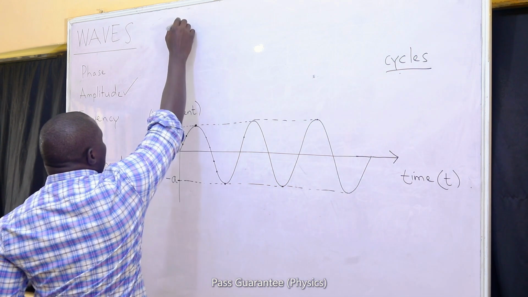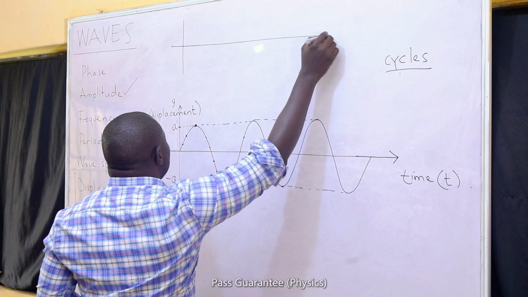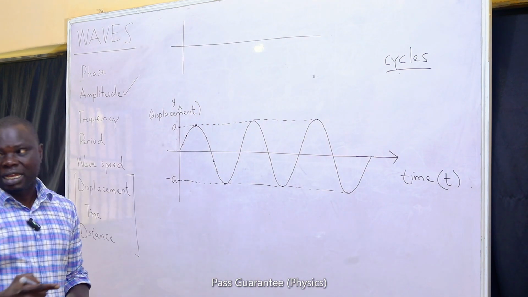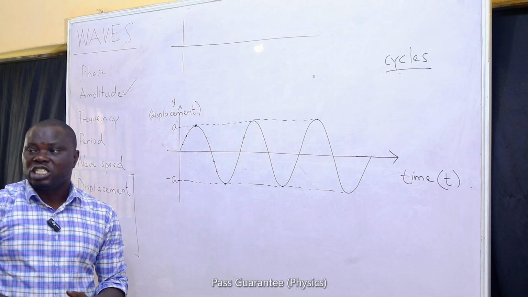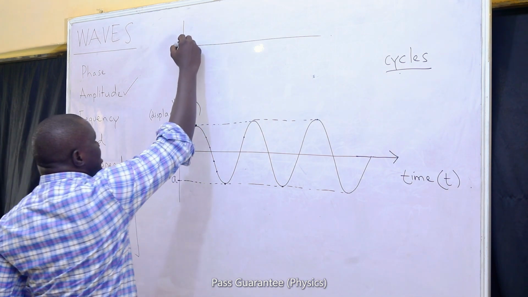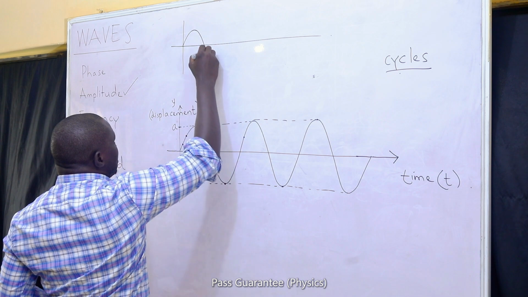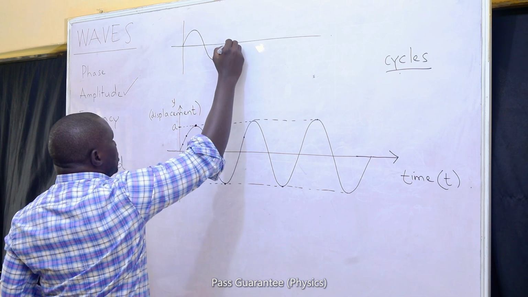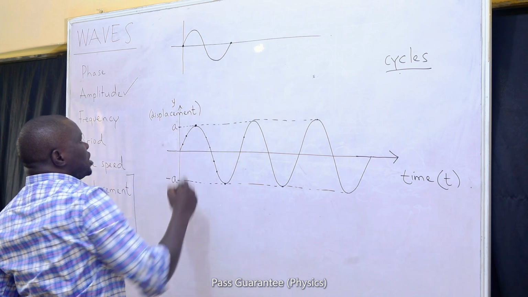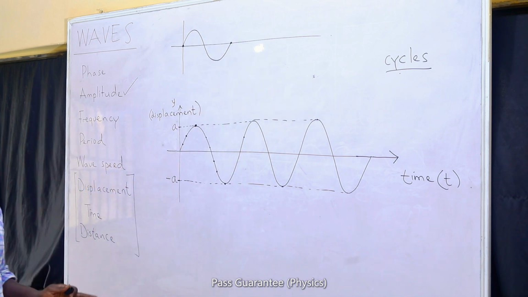What is the cycle of a wave? The cycle of a wave is one full pattern by which it will have gone through all displacements in all directions. By the time the wave starts from this point and comes to this point, it has covered all possible displacements.